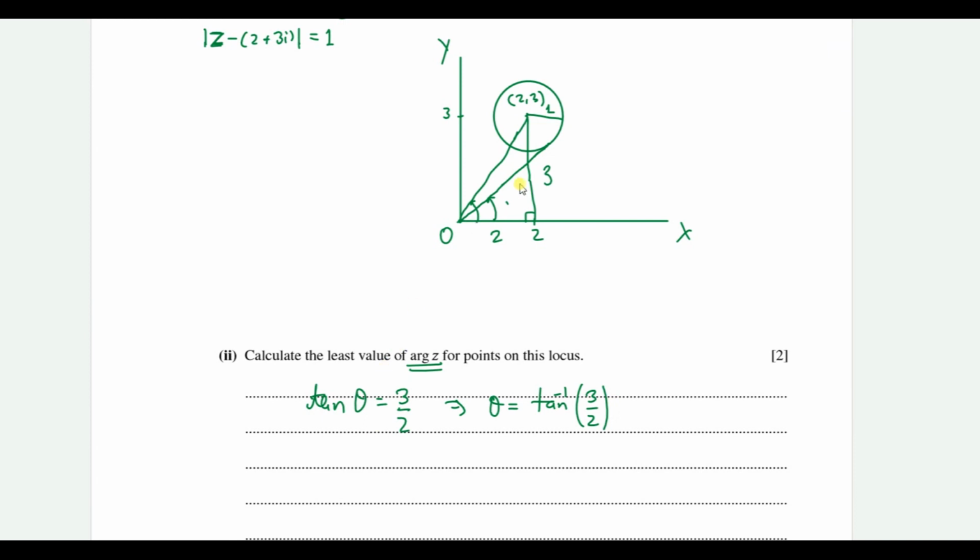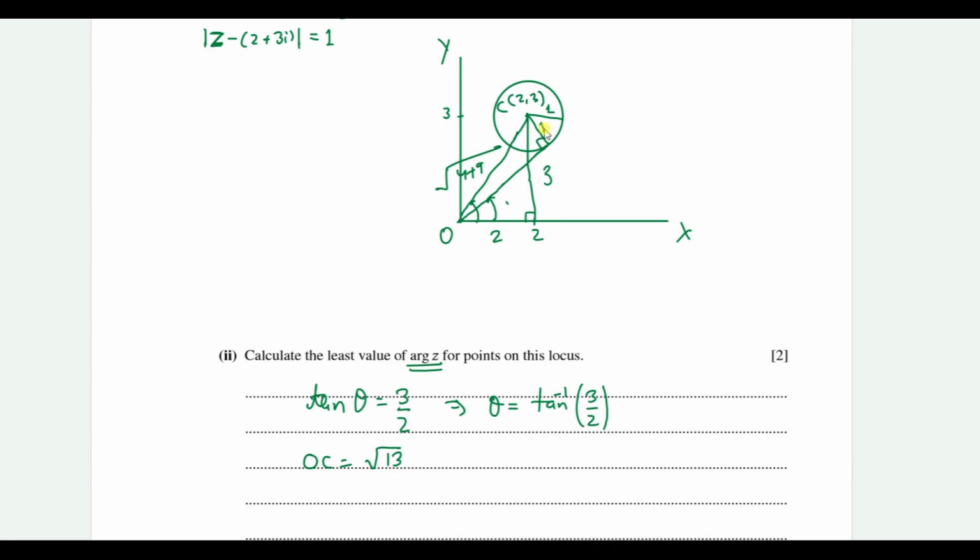For this other angle, we know that this is a tangent, so it would be 90 degrees, and it is 1. So we require this length OC, suppose this is C, so OC is going to be root 4 plus 9. So OC is equal to root 13.